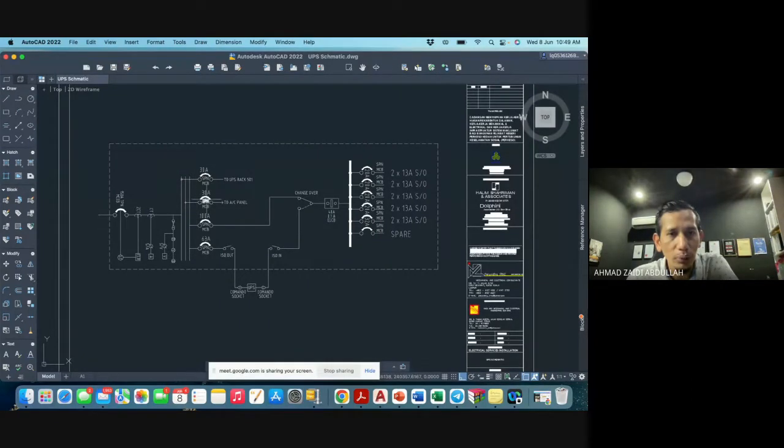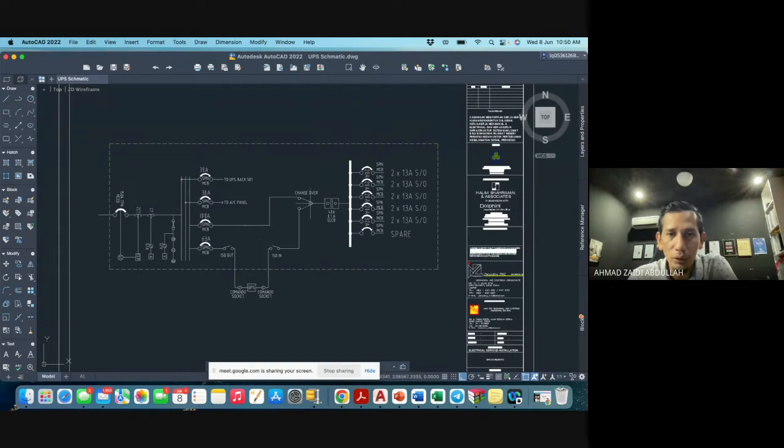Okay, and if you can see one line, let's say here is connected directly to the changeover and then connect to the load. Okay, meaning that this is the normal load condition. Kalau tak ada apa-apa, so if there any no problem with TMB, so this load will be powered up by the TMB.